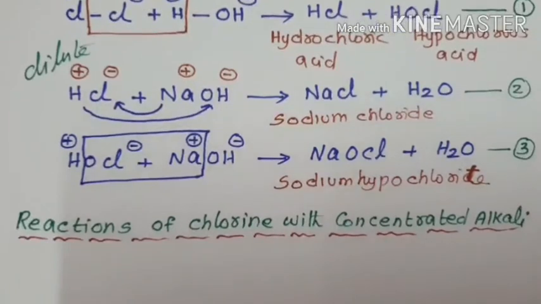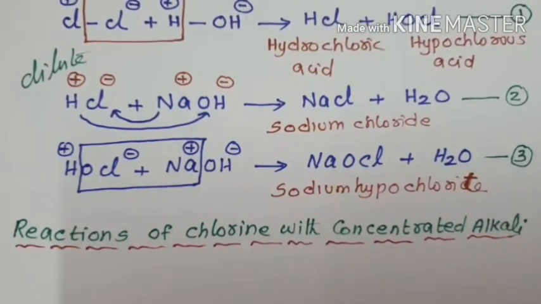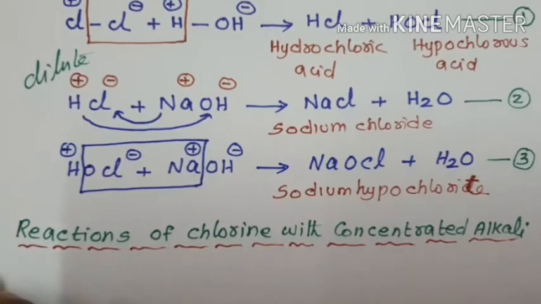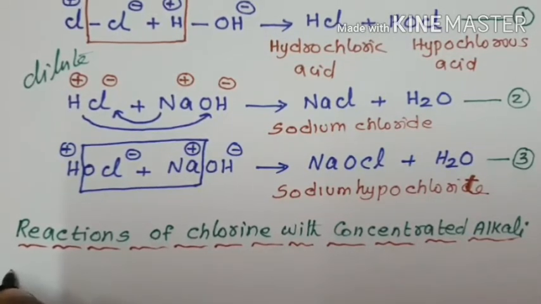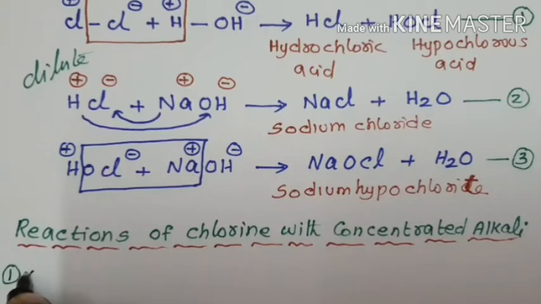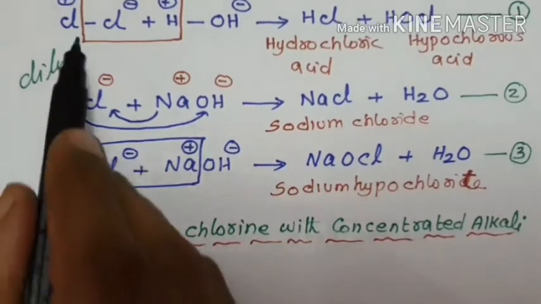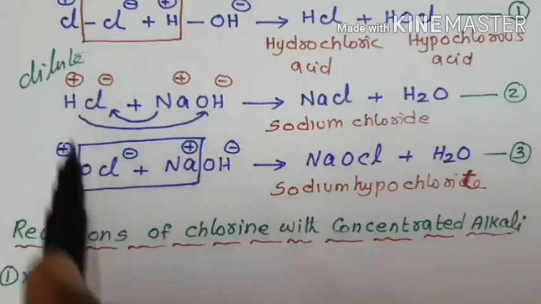To write the reactions with the concentrated alkali, multiply equations 1 and 3. You will get the final reaction when the first reaction is completely multiplied by 3.